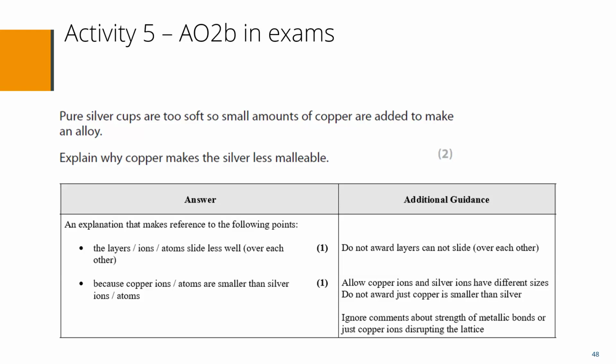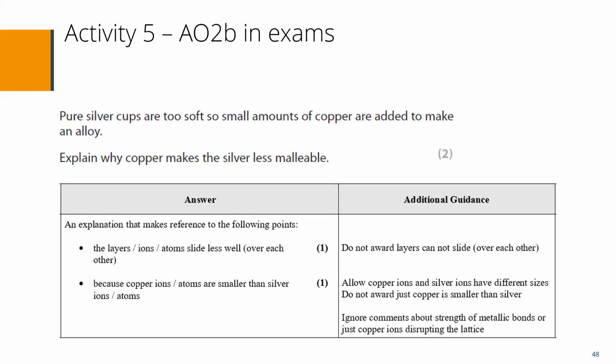I always find it quite amusing that the metallic structure is described as cations and delocalized electrons, and yet in the vast majority of student books and textbooks, the moment you start talking about alloys, they start talking about atoms.